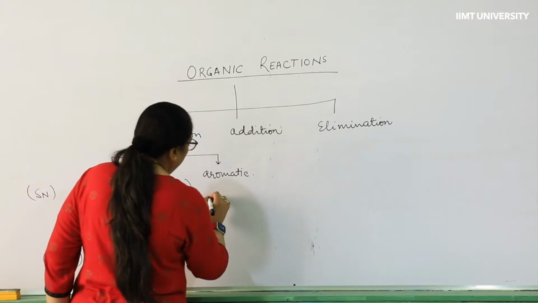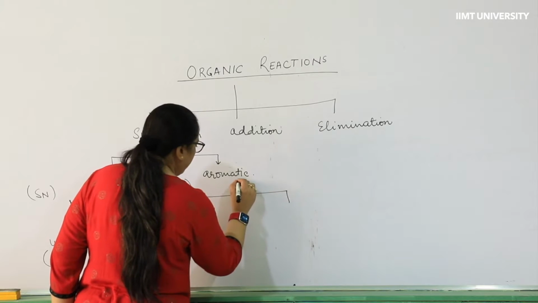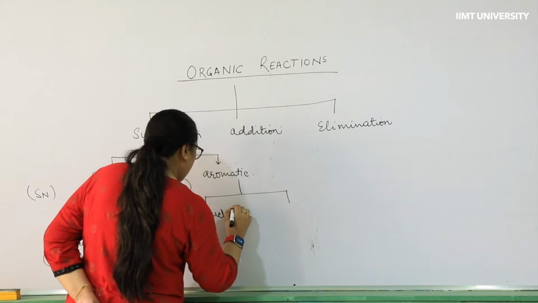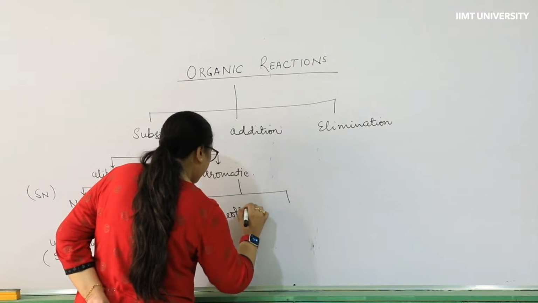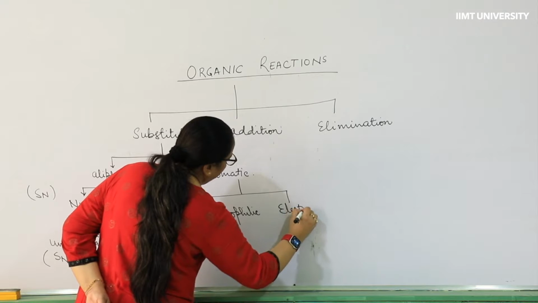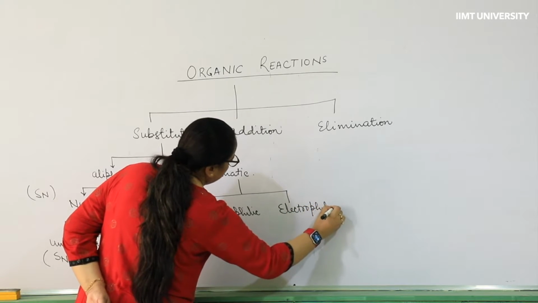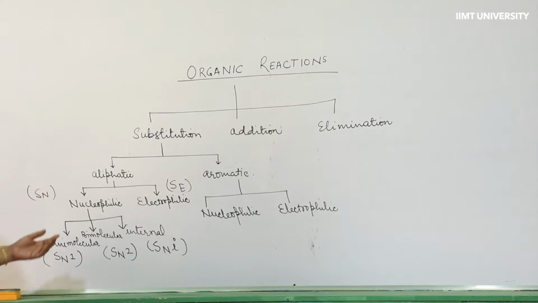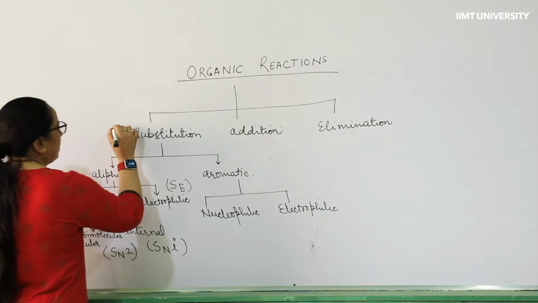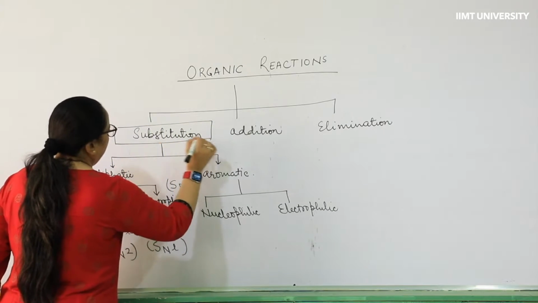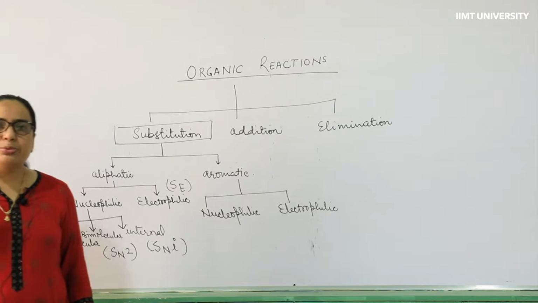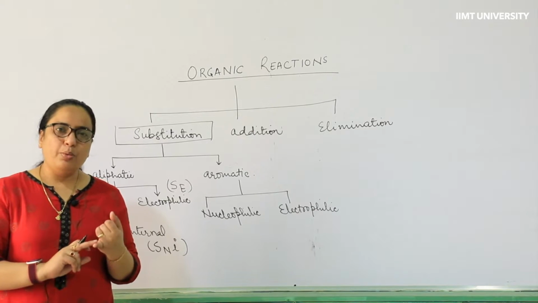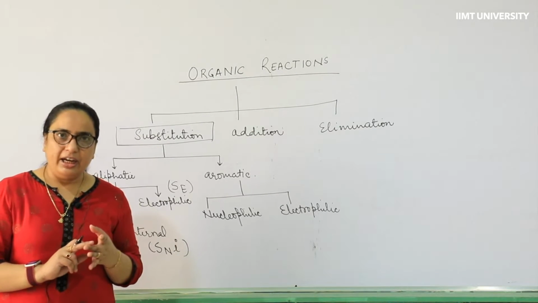Similarly, the aromatic substitution reactions are also of two types: nucleophilic and electrophilic. So let us first start with the substitution reaction, in which we will discuss what is substitution reaction, how many types are there, that is what are SN1, SN2, SNi reaction.